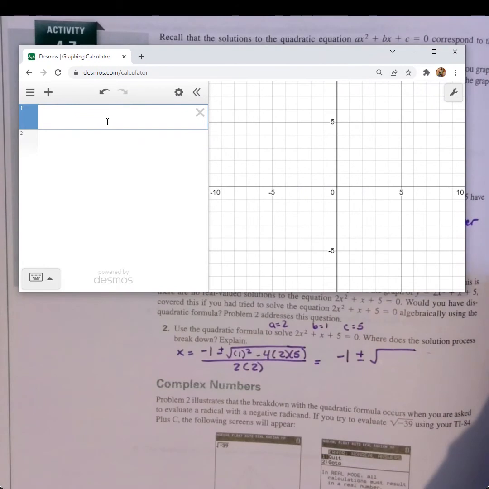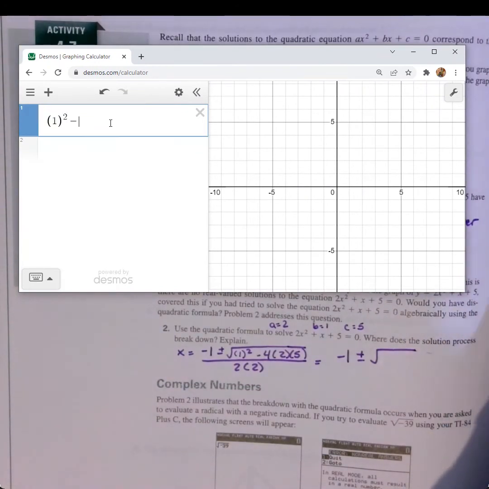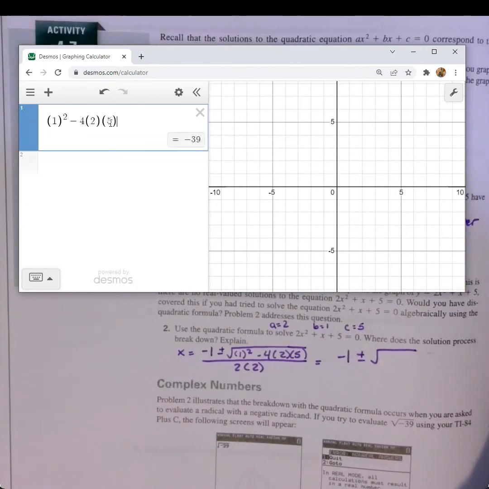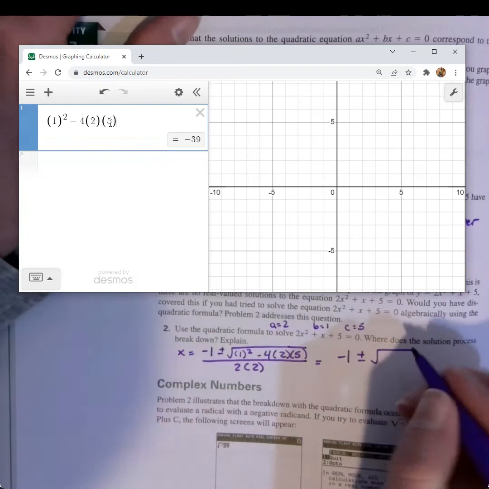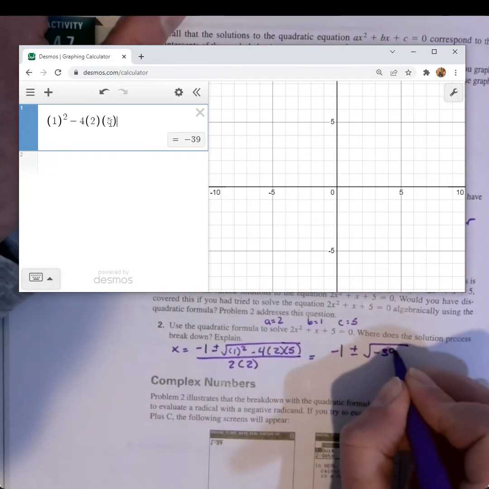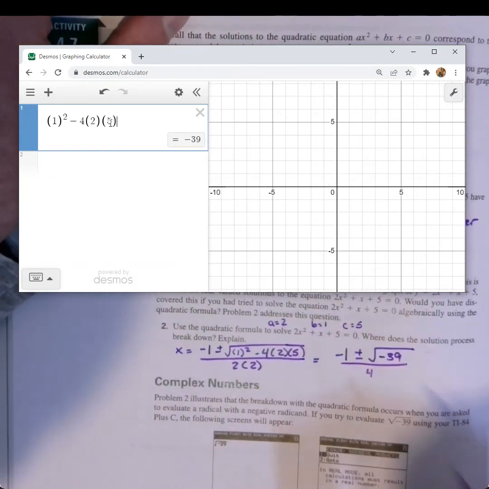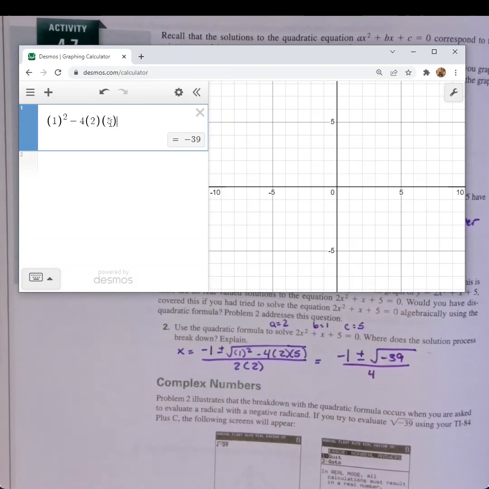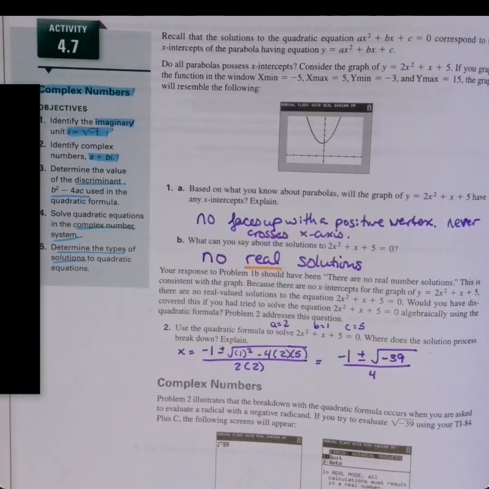So if we simplify the 1 squared minus 4 times 2 times 5, that gives us a -39 inside of our radical. And then we have -1 plus or minus the square root of -39 over 4. So right now it says use the quadratic formula to solve this. Where does the solution process break down?